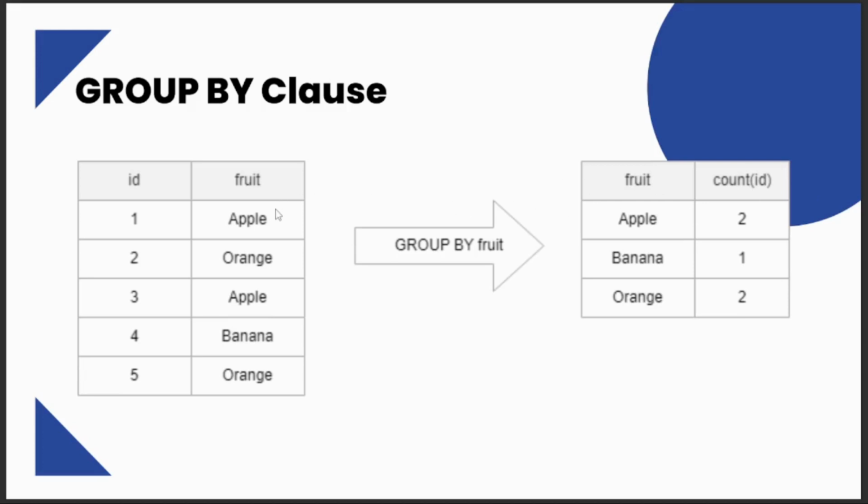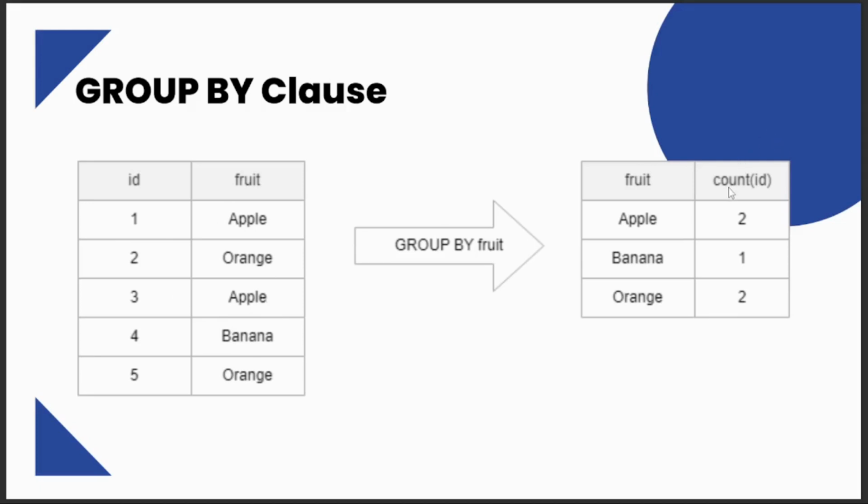It will group the data based on this fruit column. Whatever common values are there, it will group the entire data based on that value. For apple, it will group all the rows. How many rows are there for apple? 2 rows.